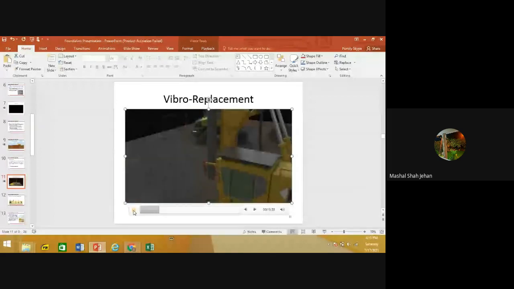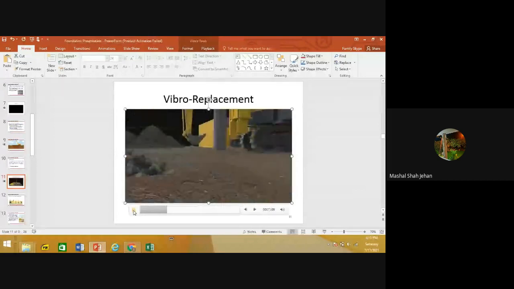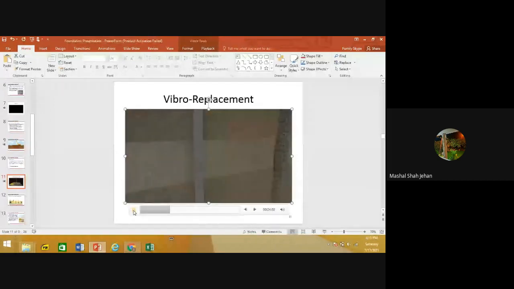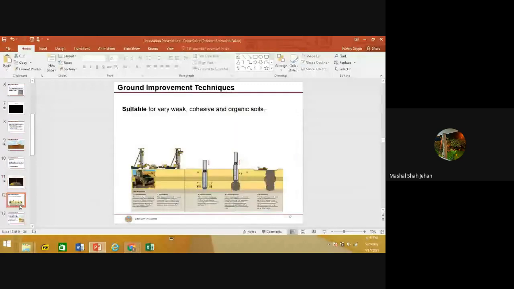It can be seen how the stone column is inserted and how it's done in the field. It's suitable for weak and cohesive soils.